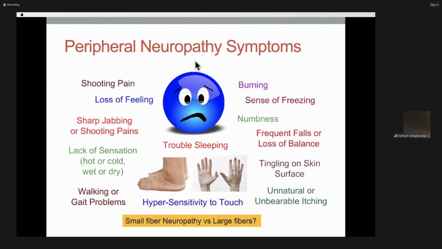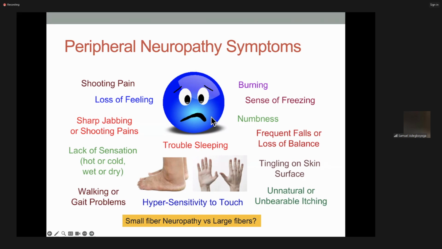When it comes to autonomic, you see blood pressure that's elevated or diminished, sweating and GI problems. But if you look at the large fiber, you don't see pain. You see muscle control, touch and vibratory perceptions and stuff like that. But the main thing that differentiates between small fiber and large fiber is pain. Okay, thank you for sharing that.